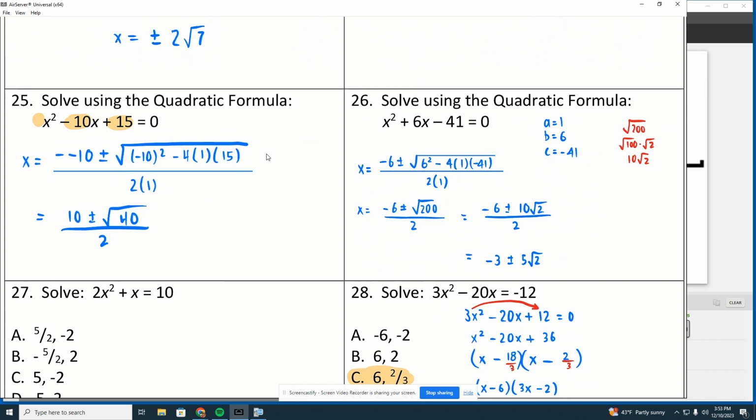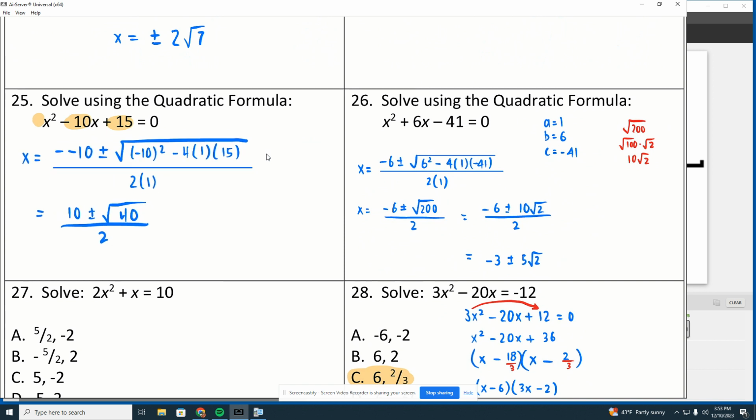I'm going to break down 40. 40 is not a perfect square. Divided by 2, that's 20. 16 does not go into 40. 9 does not go into 40. So it's actually 4 again. 4 goes into 40 10 times. So that turns into a whole number 2. 10 gets trapped inside.